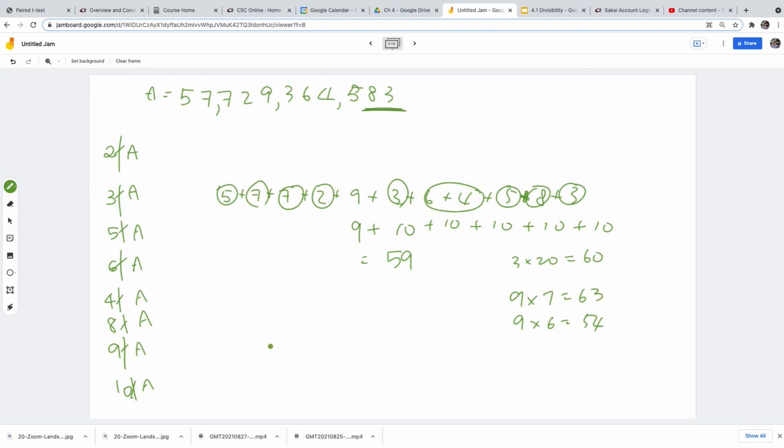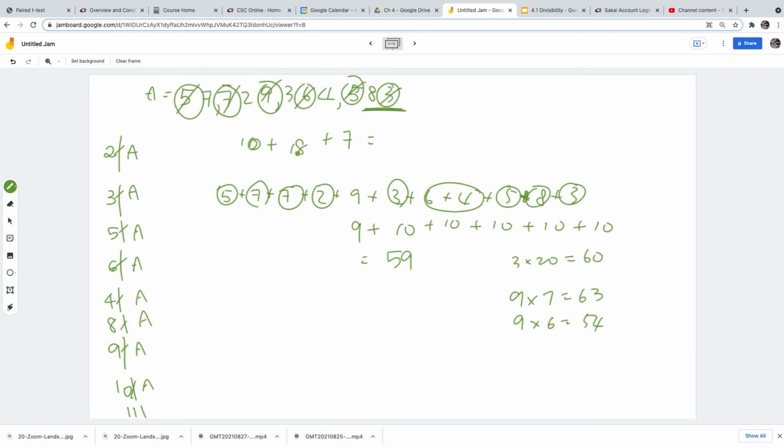Oh, 11. We didn't do 11. So let's think about divisibility by 11. We need to look at every other digit and add them together. So let's add all of these numbers together. Any comparable numbers? 5 and 5, 10. Anything else? 6 and 3 is 9, 9 and 9 is 18. Then I still have 7.